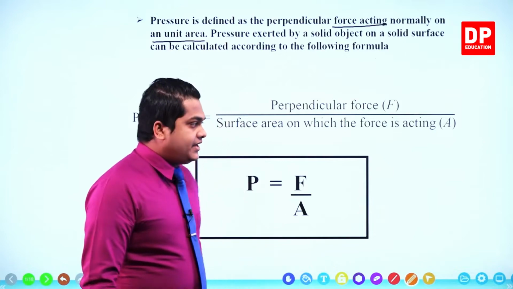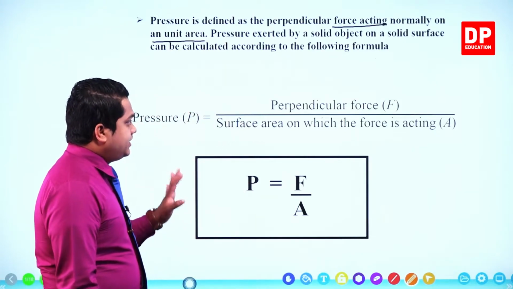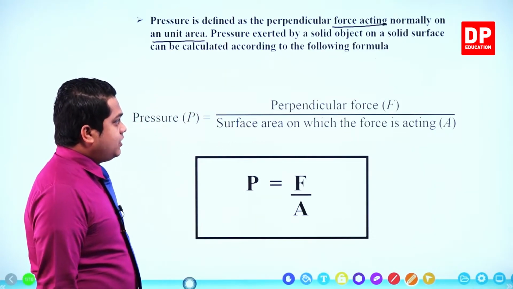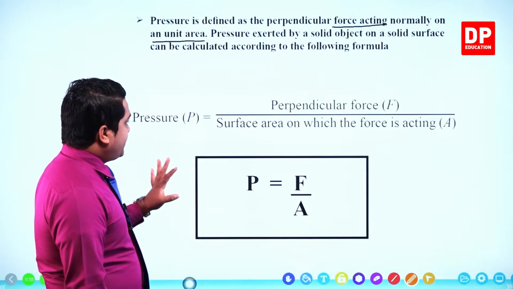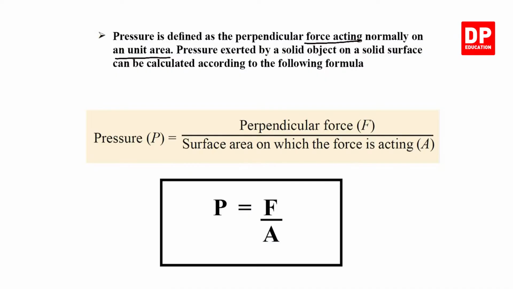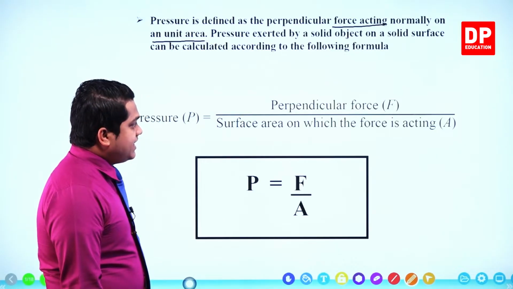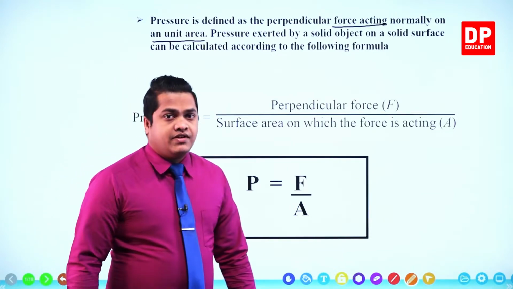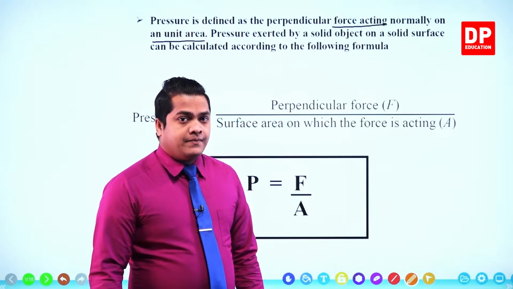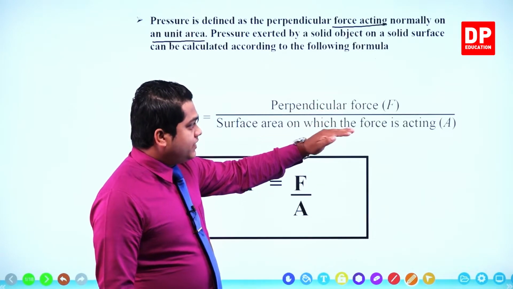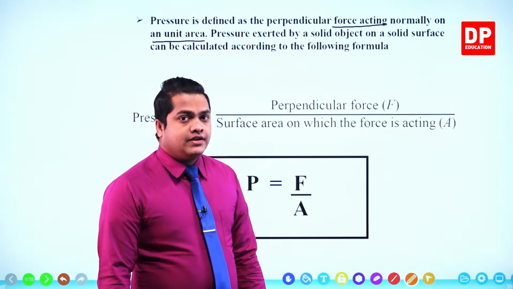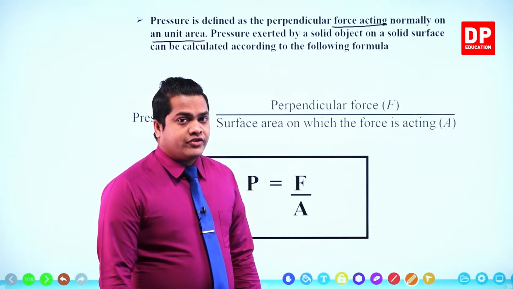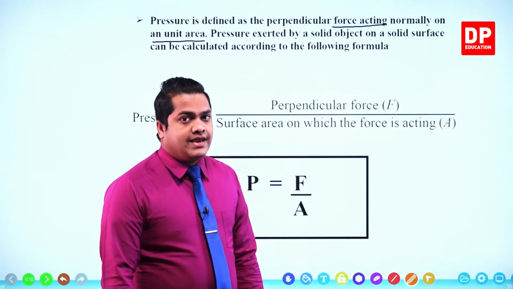So we can define the pressure as given in the formula over here. Always, pressure is equal to the perpendicular force, denoted by capital F, divided by the surface area on which the force is acting, given as capital A. So capital F over capital A. Pressure is equal to force upon area.